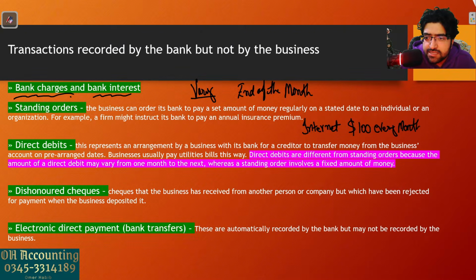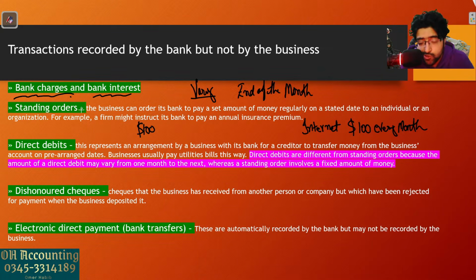So I will simply assign my bank to pay this amount automatically at a specific day every month, because I know I have to pay $100 every month to my internet supplier. So I've instructed my bank to pay this amount month after month automatically. This is a standing order. It's a fixed amount of money paid at regular intervals on fixed dates.